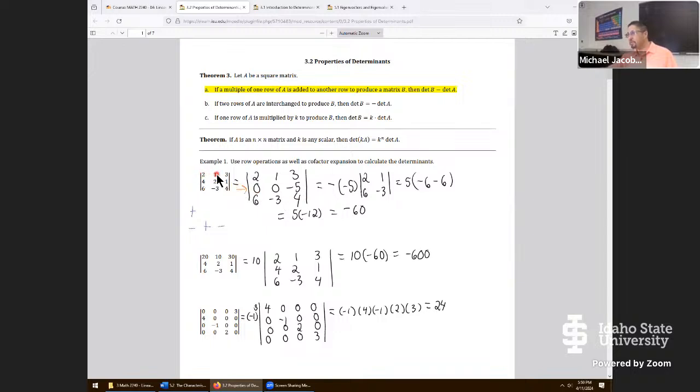We took -2 times this row, added to the row below, and we got the right value out. But if we did something else to that, 2, 1, 3, now let's maintain the 0, 0, -5.